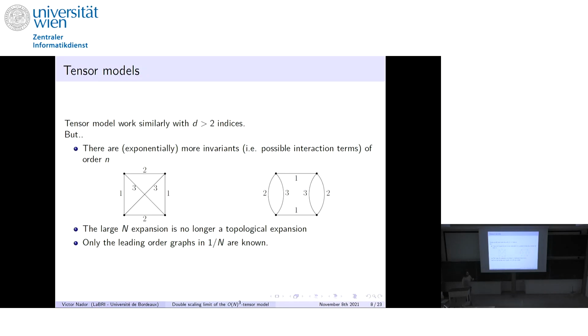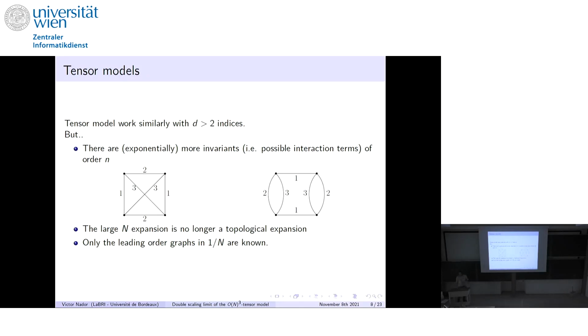Each black vertex represents one copy of the tensor with 3 indices. And if two vertices are connected by an edge of color i, it means that they share a common i-th index. So for example, these two share the common first index, and so on. So yeah, for the quartic order 4, there are two different terms, but as it increases, there will be exponentially more.